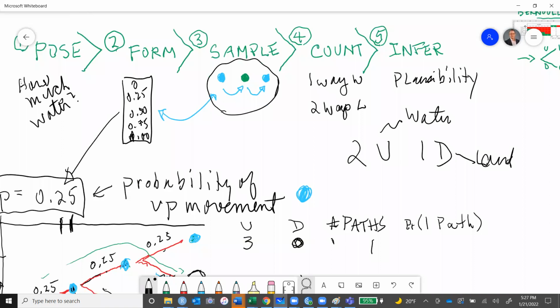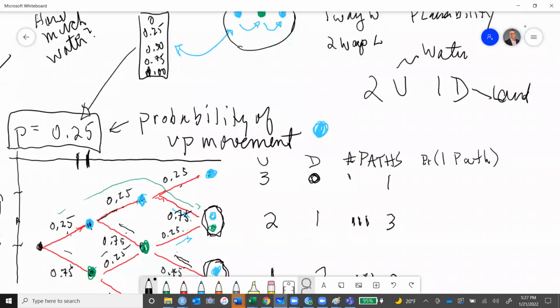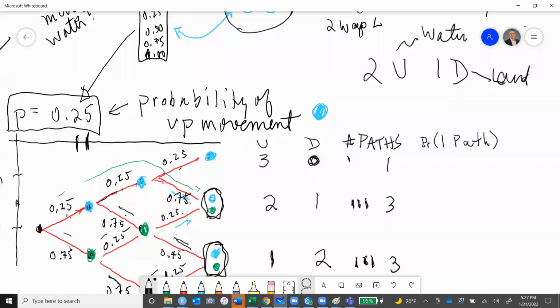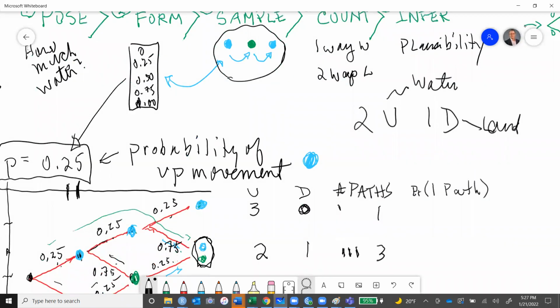Okay. Notice we're doing consecutive abstractions here. Colors and ups and downs and letters and so on, but it all boils down to 2 up and 1 down. Remember that? And we figured out how many ways can we get a blue and raised it to the 2nd power. How many ways can we get a land, a green, raised it to the 1st power? So these will end up being powers.